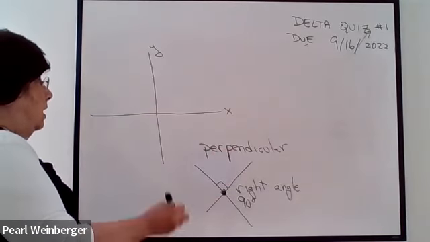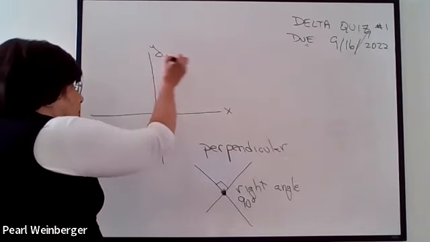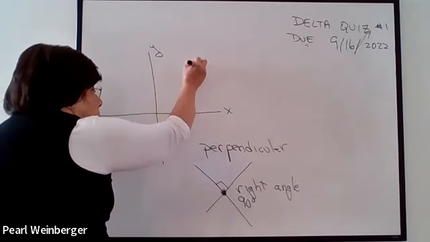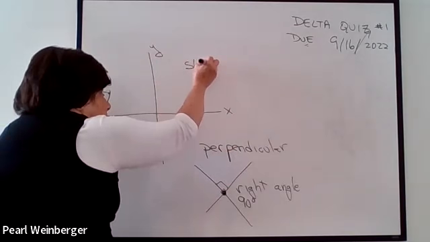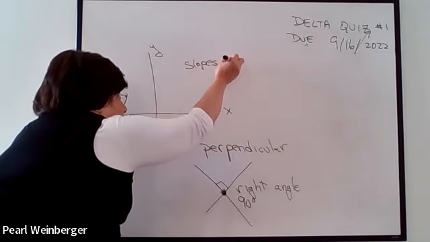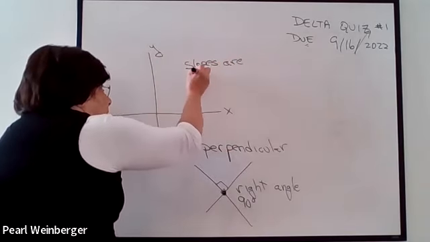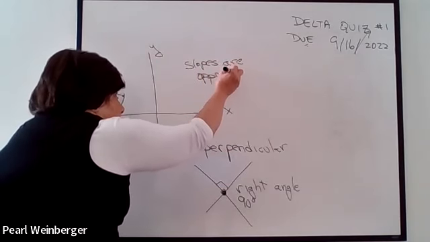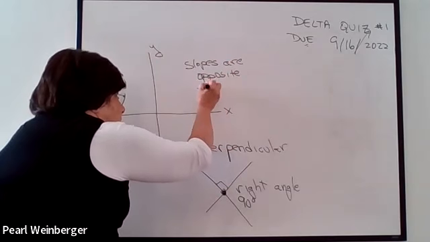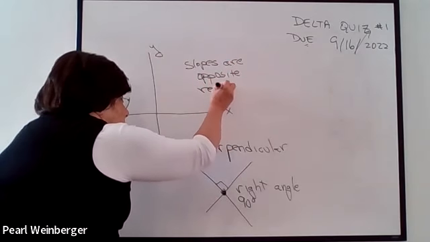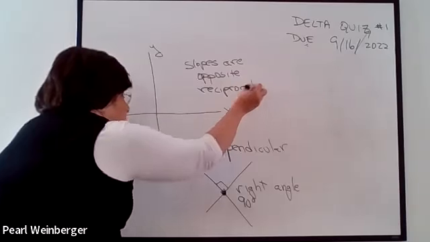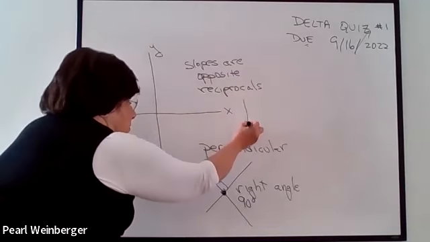It turns out that if the slopes are opposite reciprocals, then the lines are going to be perpendicular.